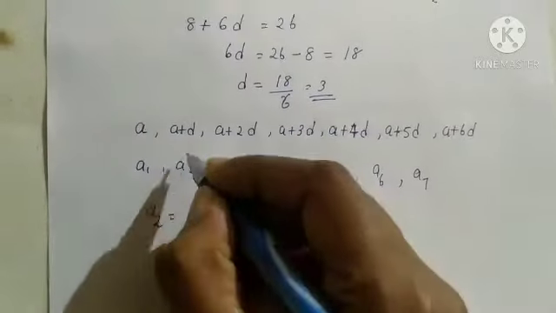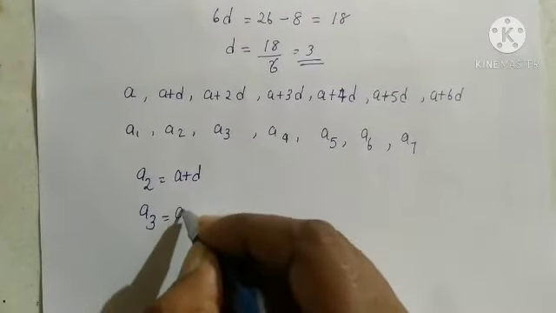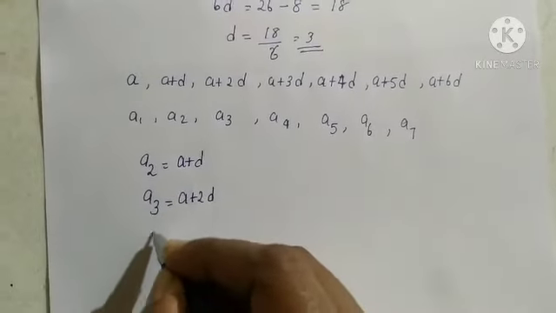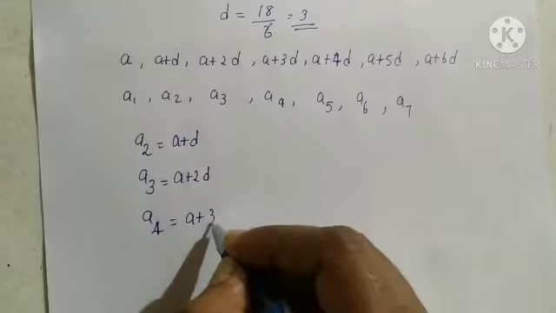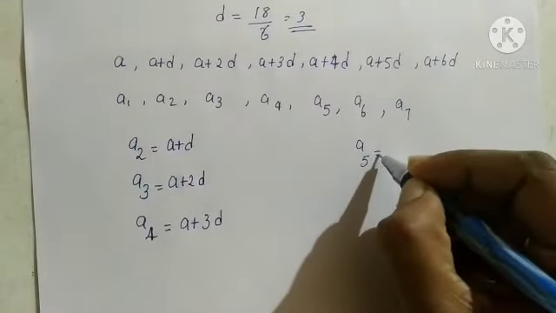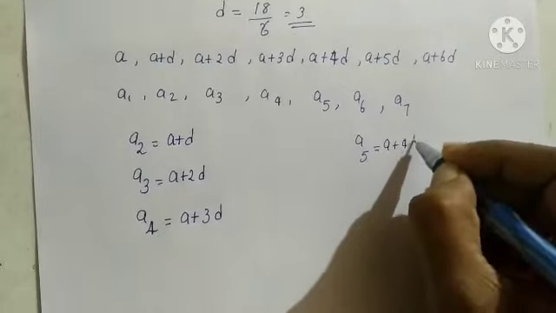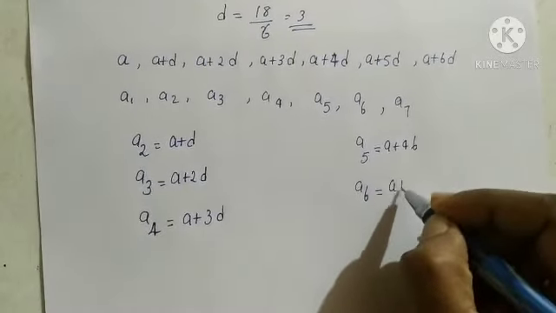Here we need to find the A2 to A6 values. A2 is A plus D, A3 is A plus 2D, A4 is A plus 3D, A5 is A plus 4D, and A6 is A plus 5D.